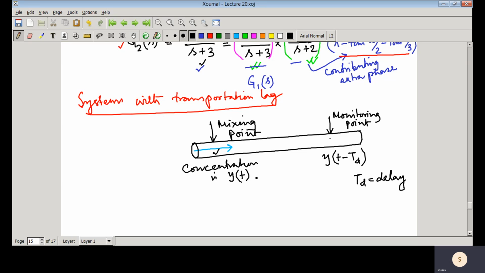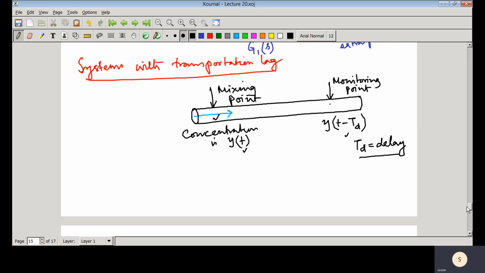Because of the distance, the time when you are mixing the dye at time t and when you are monitoring that one, the concentration would be y(t - Td). That means there would be a delay. This particular delay is called the transportation lag, and this delay occurs because of the transportation through that pipe.